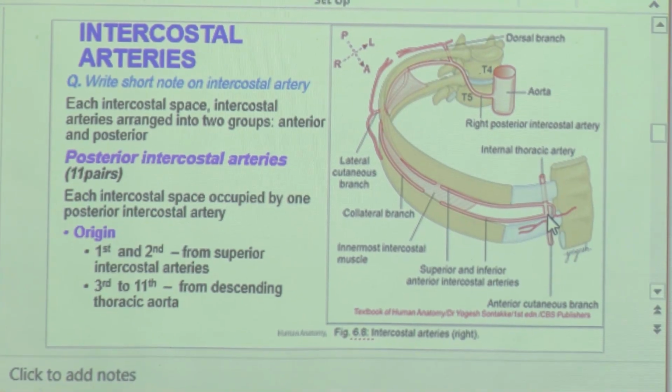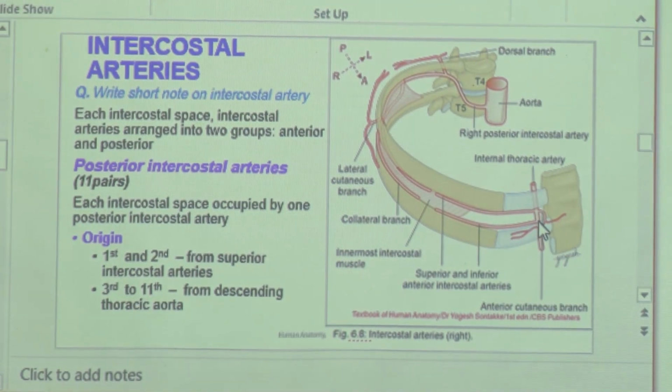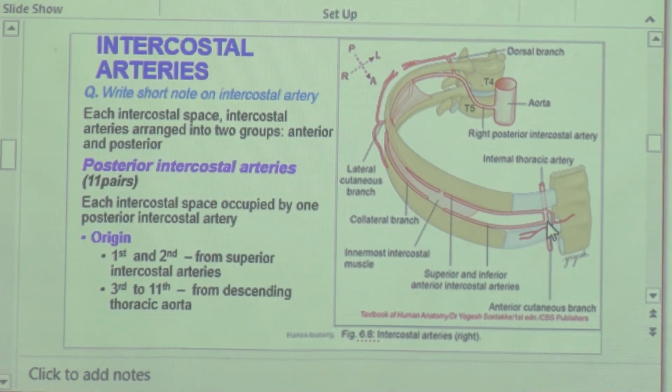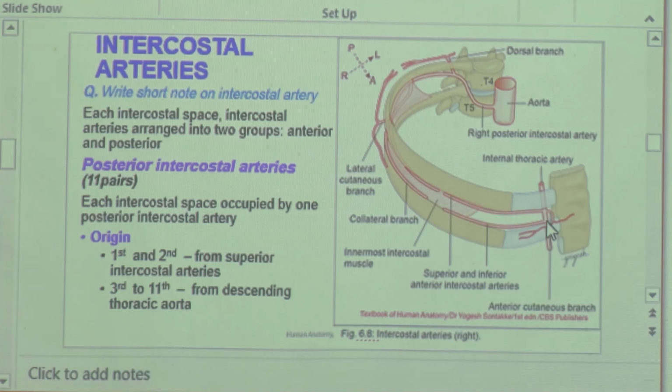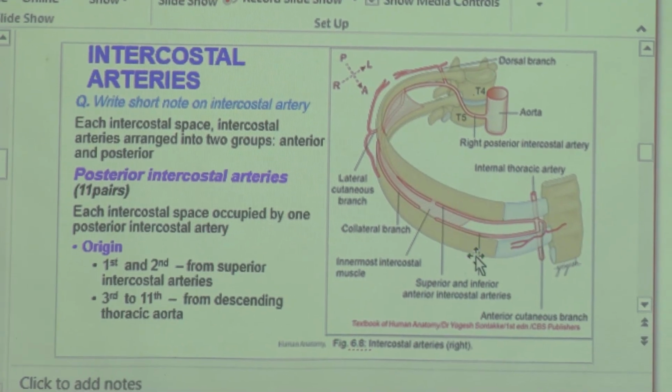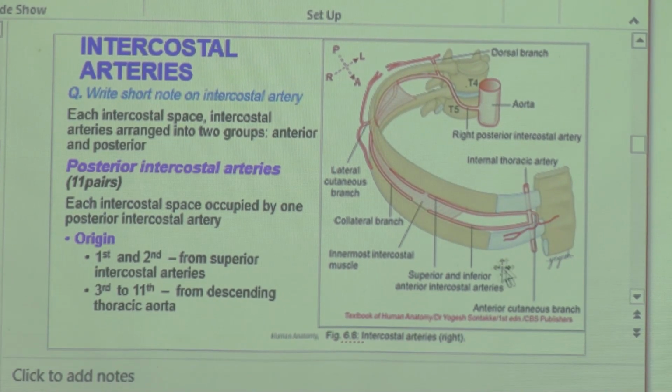Now, intercostal arteries. In the space, we can find there are two sets of arteries. One is the anterior set and one is coming from the posterior aspect.